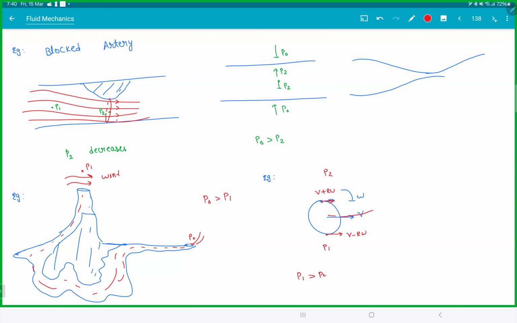So this ball will get pushed up like this. You must have done this when you kick the football. You must have seen it goes above the goalpost sometimes. This is called the Magnus effect. Clear?